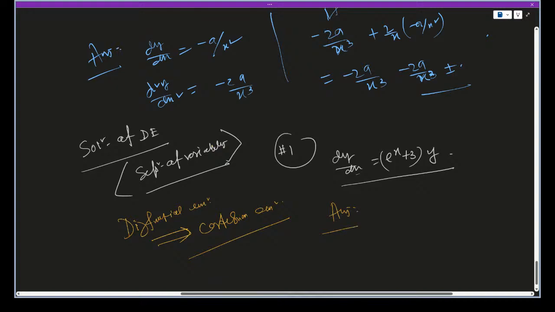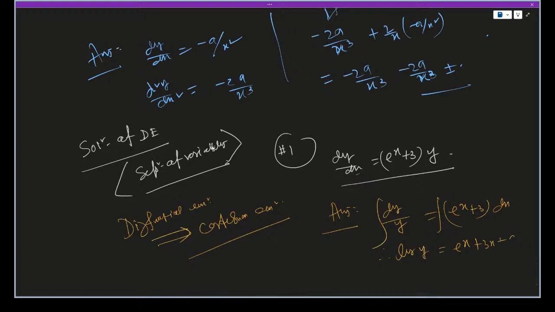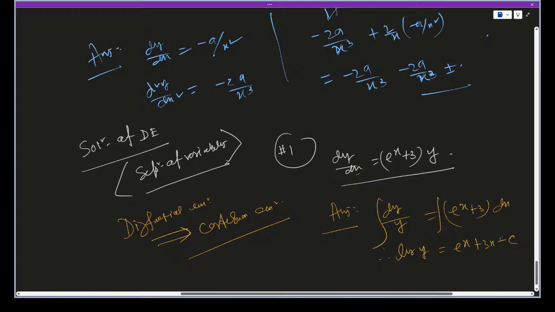Just separating the variable, dx you take on right side and y on left side. Just integrate both sides. Log y equal to this is the solution. This c is called the integration constant. So we got back the Cartesian.